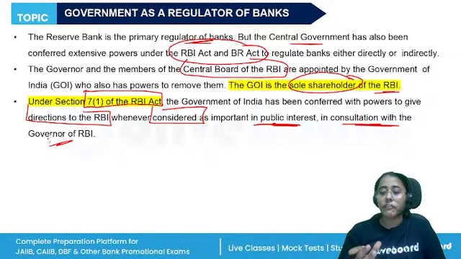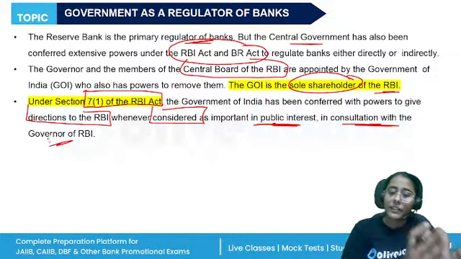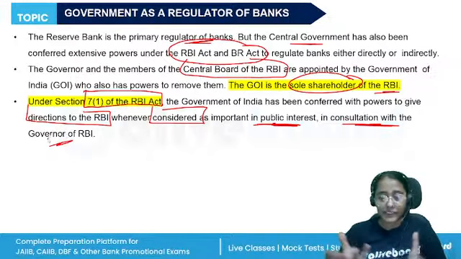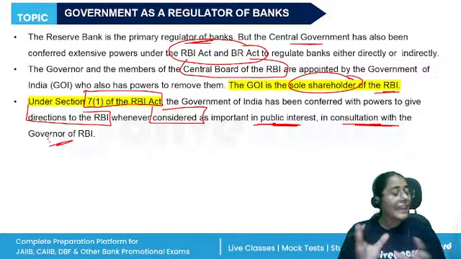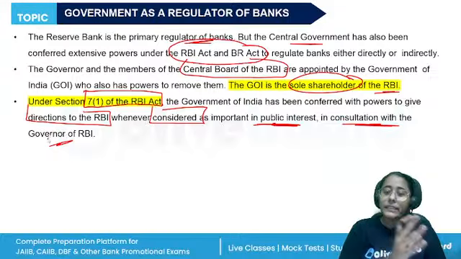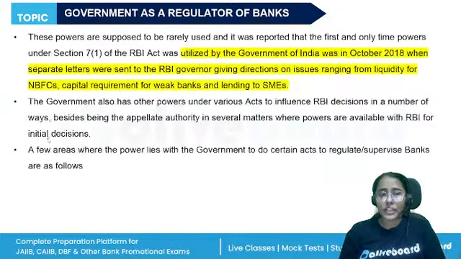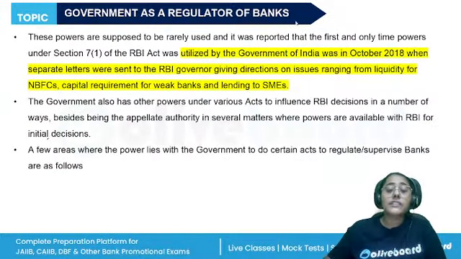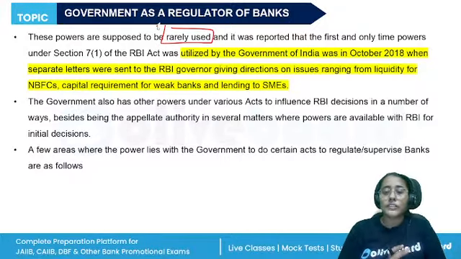So the central government will meet the governor of RBI, they will have discussions, and then they will decide what should be done for the improvement of financial health. Right? These powers are to be rarely used, only in exceptional cases, and till now the powers given to the central government under Section 7 of the RBI Act have been utilized only once. When? Very important, you need to remember.